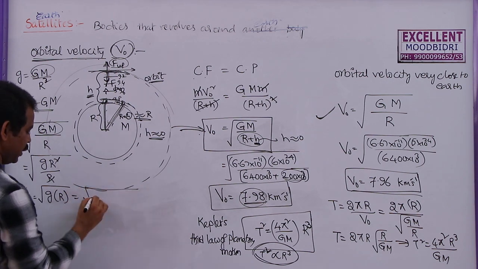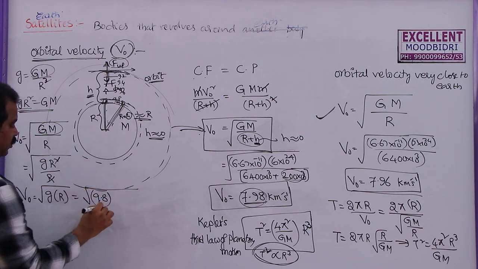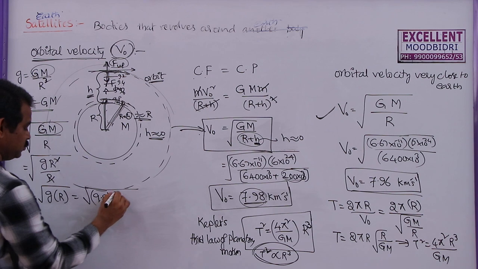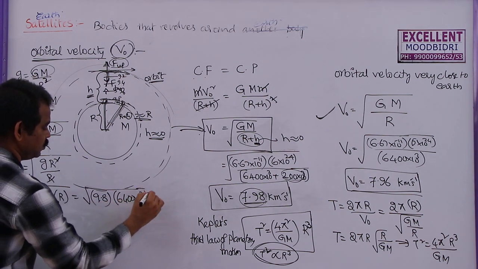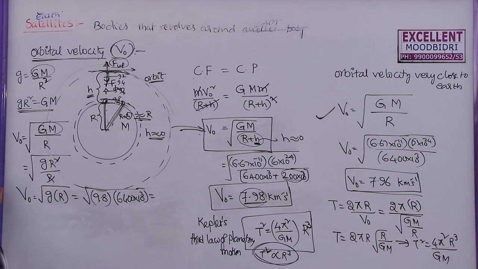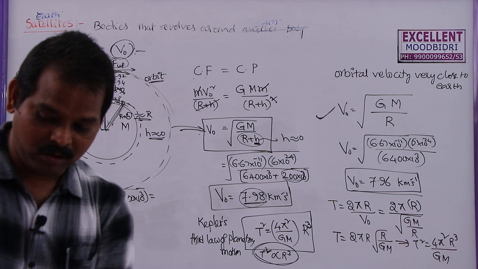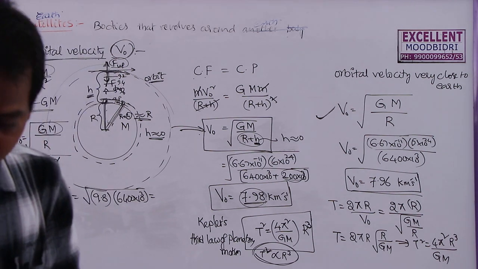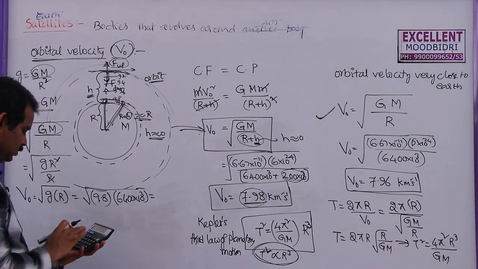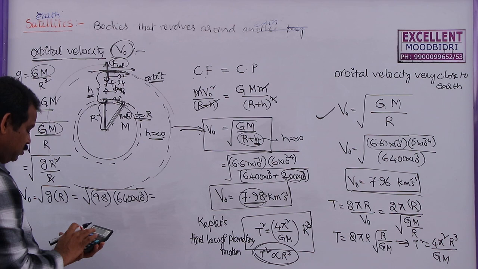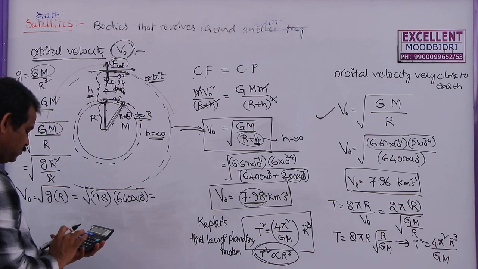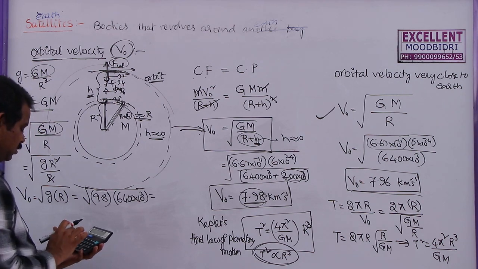Even if you substitute this value, g is equal to 9.8, very near the surface of Earth, r is equal to 6,400 kilometers, we will get a similar value. So here I am going to find this value by using a calculator. This is 9.8 into 6400 into 1, under root.